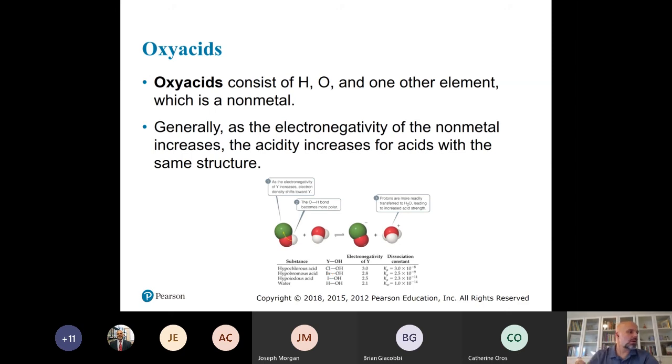Chlorine has an electronegativity of 3.0. We compare it to bromine, 2.8, iodine, 2.5. So you can see as we're moving down the periodic table, the electronegativity is decreasing. We can even throw hydrogen in there for comparison, with an electronegativity of 2.1.